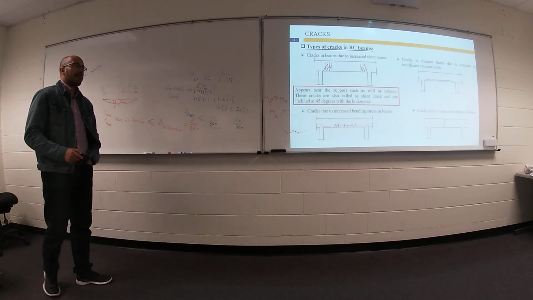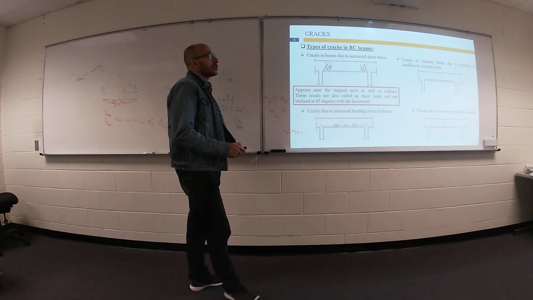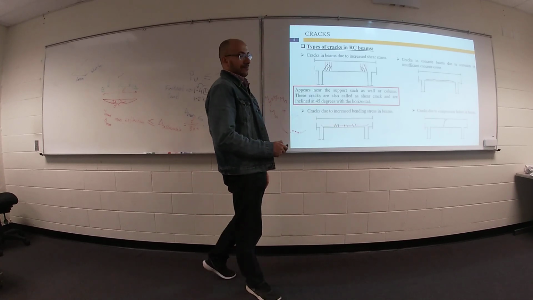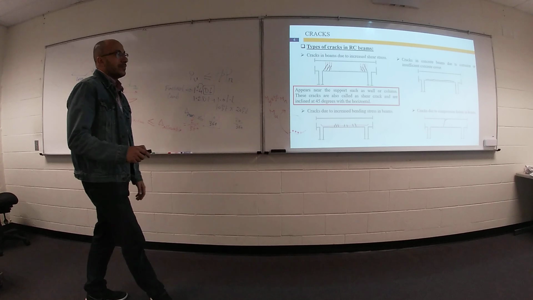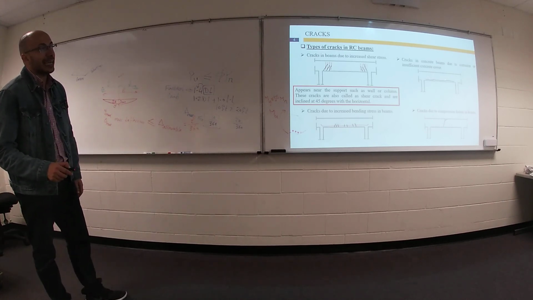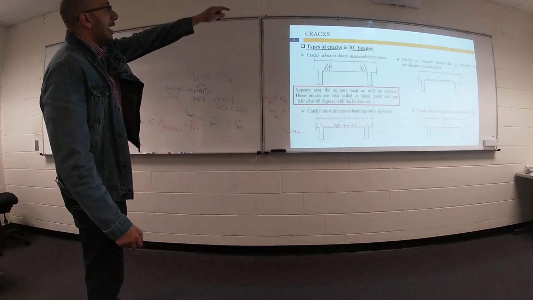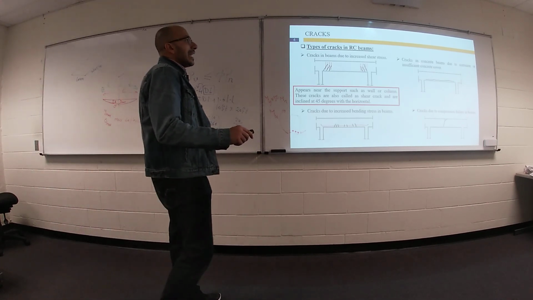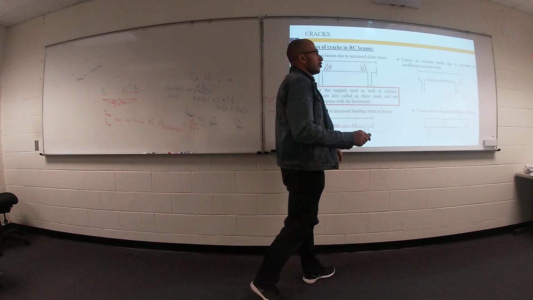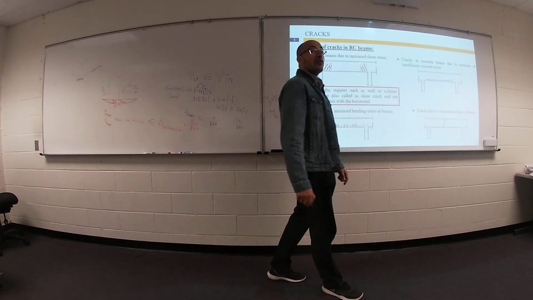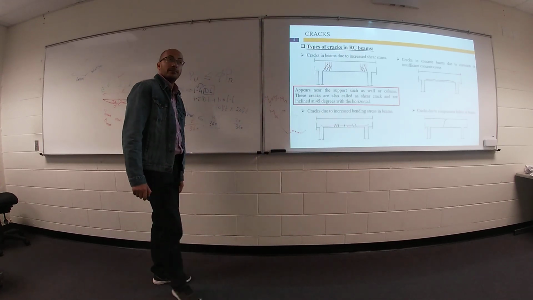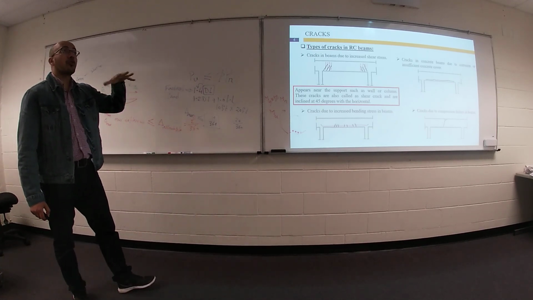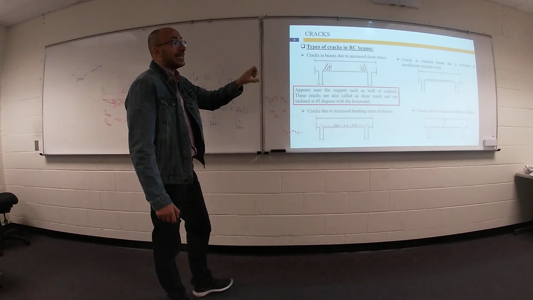Third one, if you have a beam and you find horizontal cracks at the bottom part of your beam, maybe you have corrosion in your steel reinforcement. Maybe your beam is 50 years old, so we can expect corrosion in the embedded reinforcement.